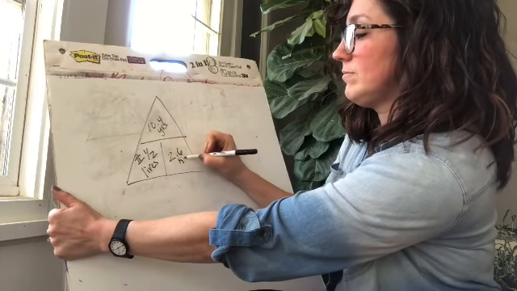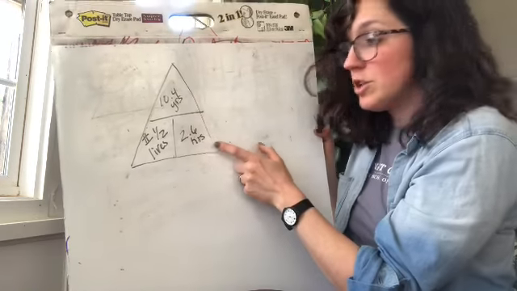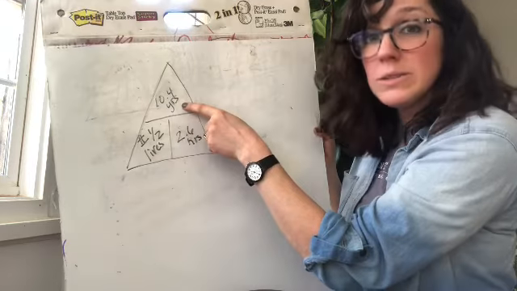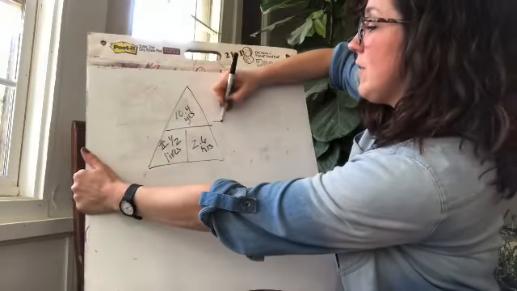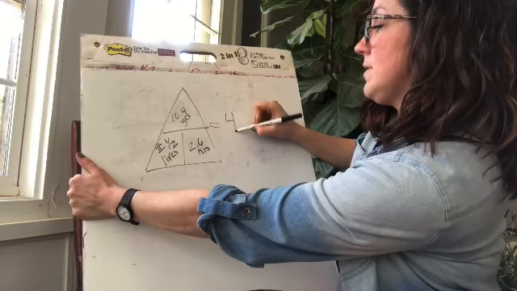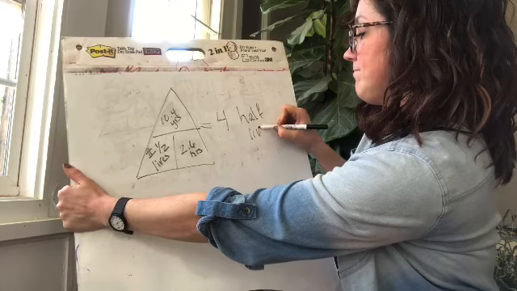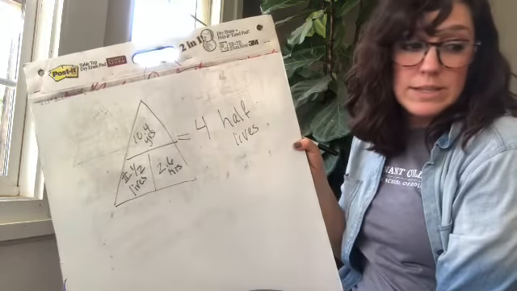All right, 10.4 hours, 2.6 hours. This is a division problem. When I divide 10.4 by 2.6, I find out that the number of half-lives is 4 half-lives.